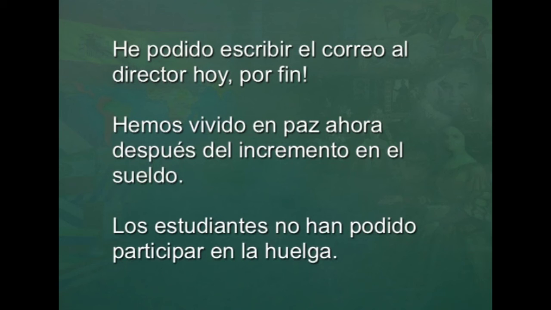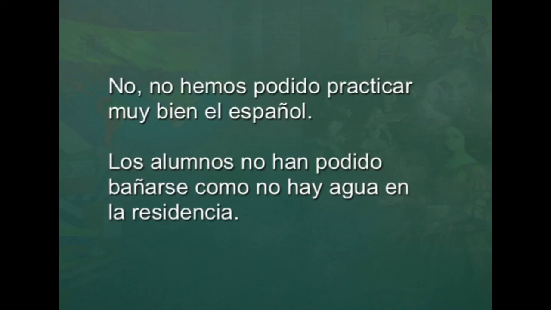Los estudiantes no han podido participar en la huelga. The students could not participate in the strike. And in negation, you can add a no before the entire structure and say, no hemos podido practicar muy bien el español.